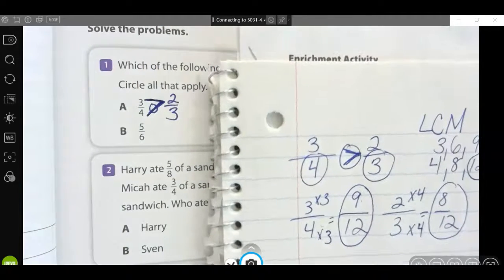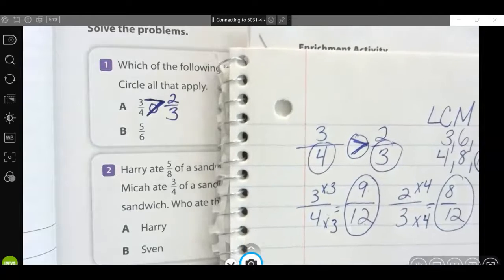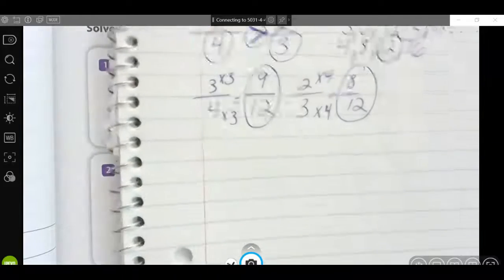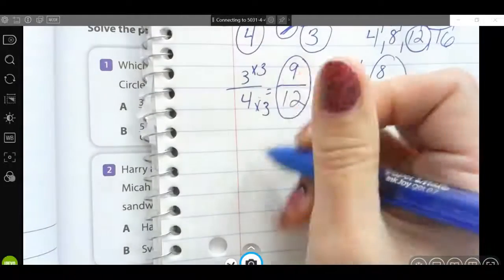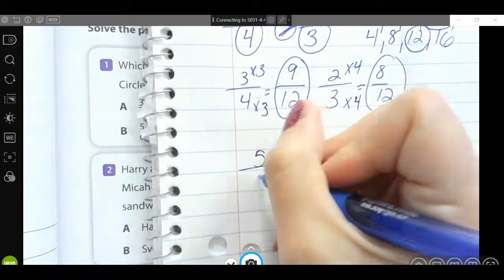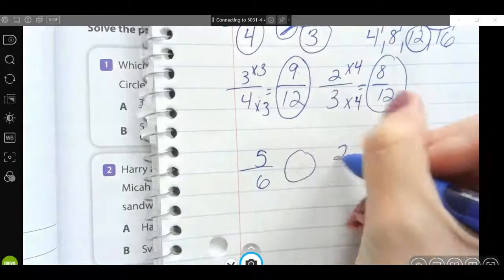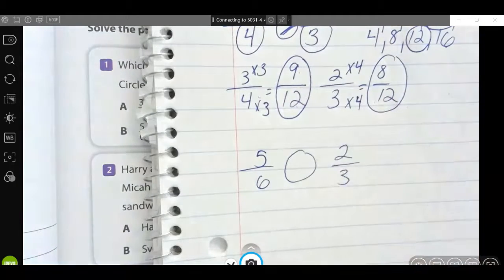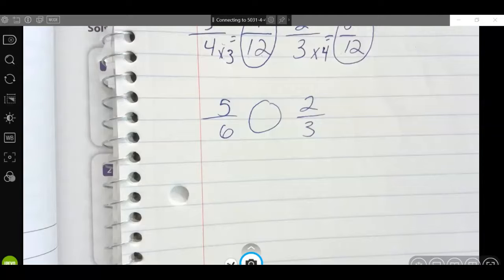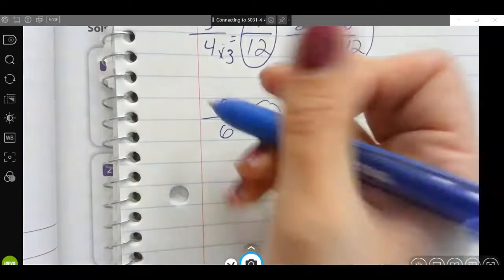All right. You ready for B? Yes. So in our notebook we have 5/6, and we're comparing that to 2/3. Again, we have to find a common denominator.